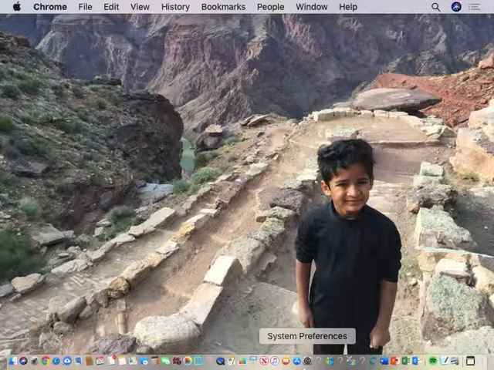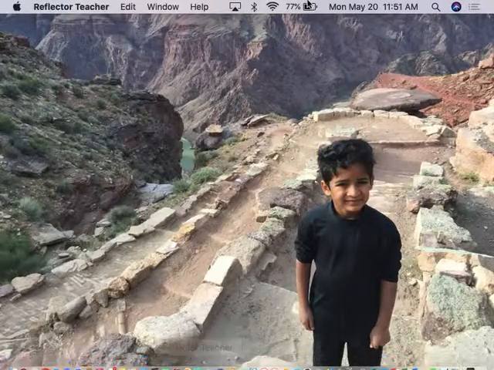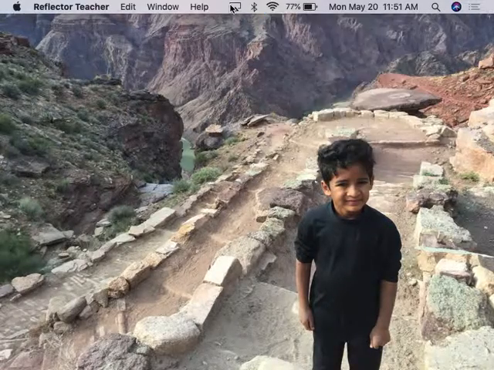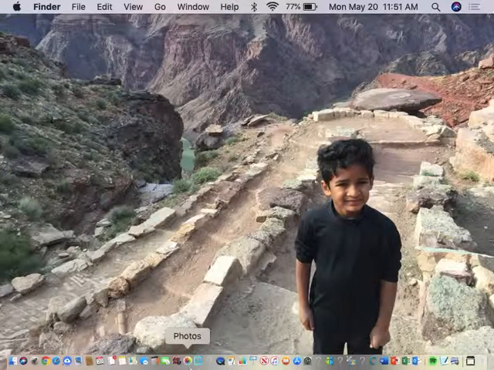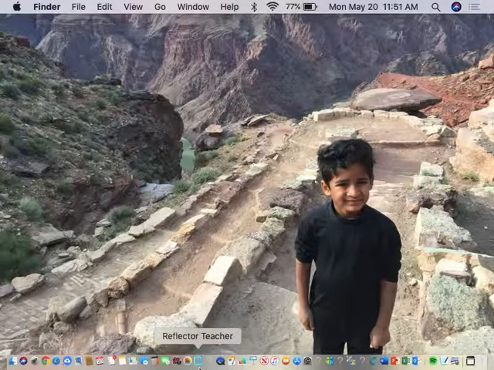For some reason it's on the Chrome bar and not your actual taskbar. There it is. Right. Hang on a second.